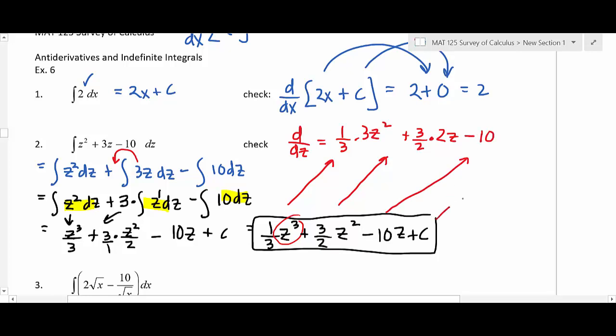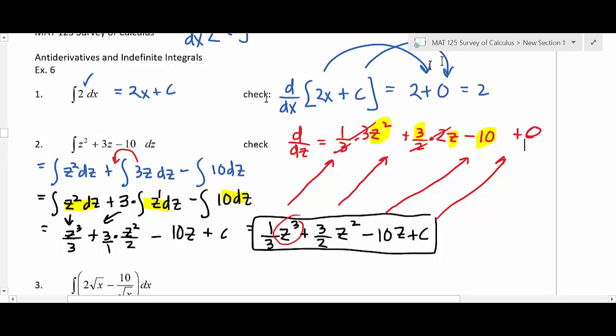Negative 10. Of course, the derivative of the constant is 0. Now remember, what we're trying to do is see if we get back to the beginning. So notice the 3's cross out, the 2's cross out, and now what we're left with is z squared plus 3z minus 10. Now that plus c should have been a 0. So it's right, isn't it? So what I do is I take the derivative of that answer. It should match up with where I began. Okay, is that okay?